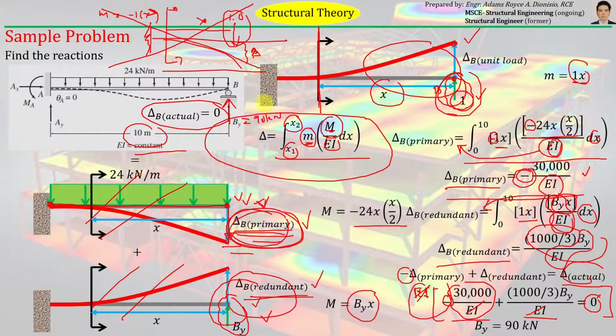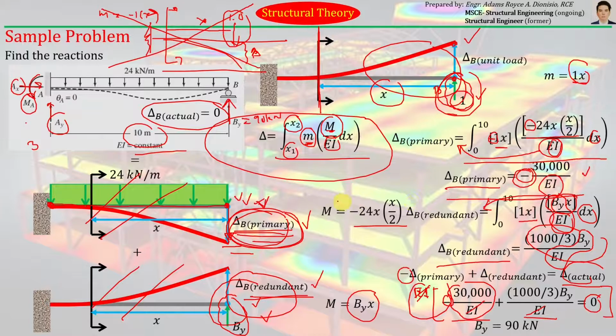After solving for By using statics, you can easily solve for the other unknowns here, for Ay, Ax, and for MA. I'll just leave that up to you as practice. You can already solve for the other reactions because there are only three unknowns remaining here, because By is already computed by the method of consistent deformation or force method.